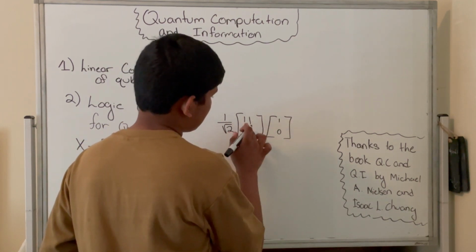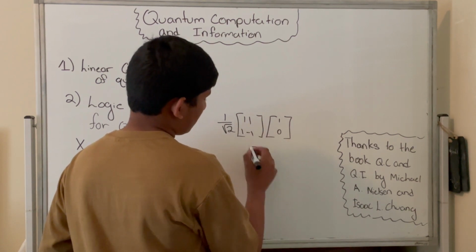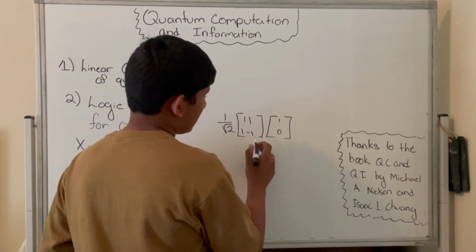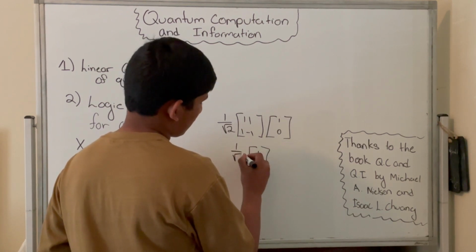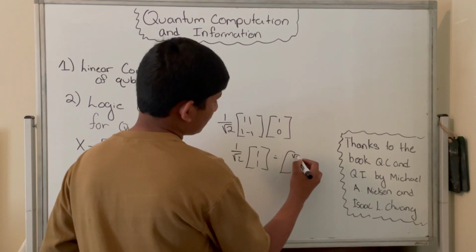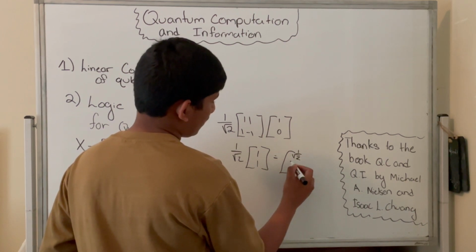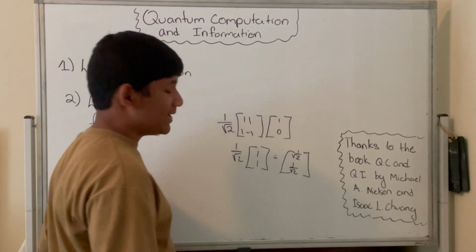Let's first multiply these. 1 times 1 is 1. 1 times 0 is 0. 1 times 1 is 1. Negative 1 times 0 is 0. So we got 1, 1, and we have to multiply by 1 over the square root of 2. So we get 1 over the square root of 2, and then 1 over the square root of 2.